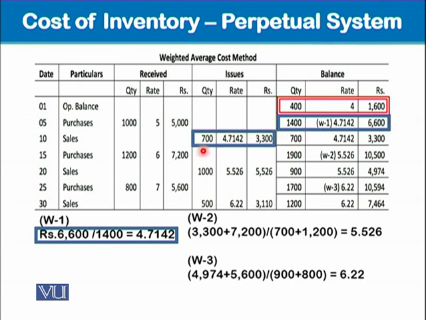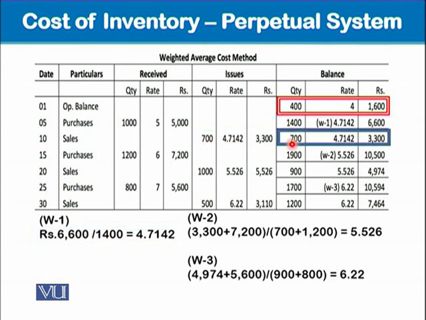And when we will be issuing 700 units, this rate will be used. And the total cost of this issuance is 3,300. So the remaining 700 units will be placed in the balance at the same rate, and this is its closing balance.